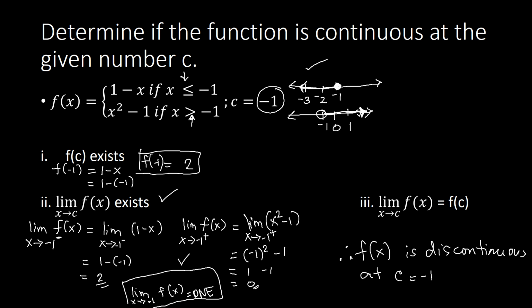If you've got an existing f of c but a non-existing limit, the type of discontinuity is what we call removable.